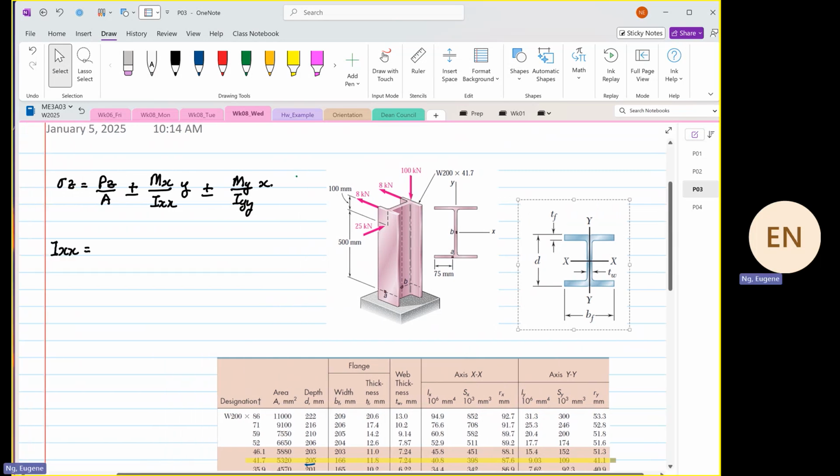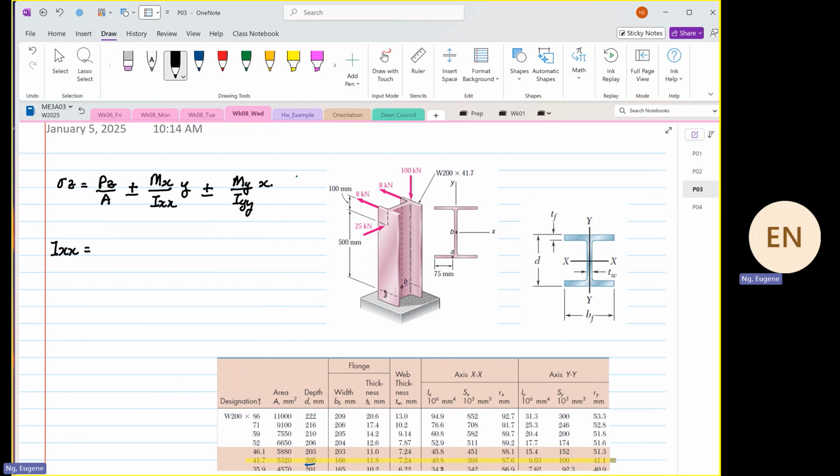what we have now is we know our Ixx value is equal to 40.8 times 10 to the power minus 6 meter to the power 4. And then our Iyy is equal to what?